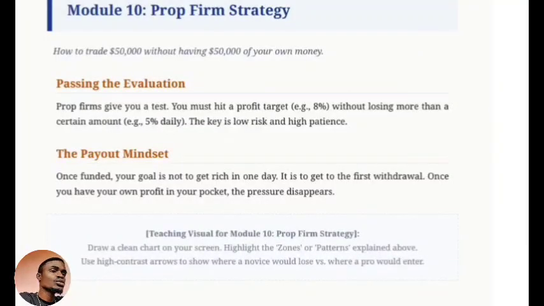So your goal is to make your first withdrawal. Once you have your own profit in your pocket, the pressure disappears. The pressure of how do I manage this account, how do I make more money without losing it, all those things will disappear because you have your $500.